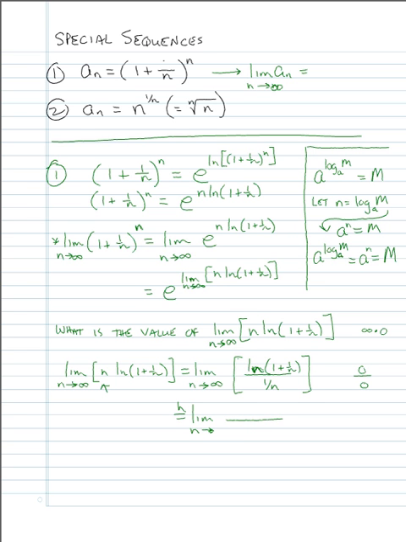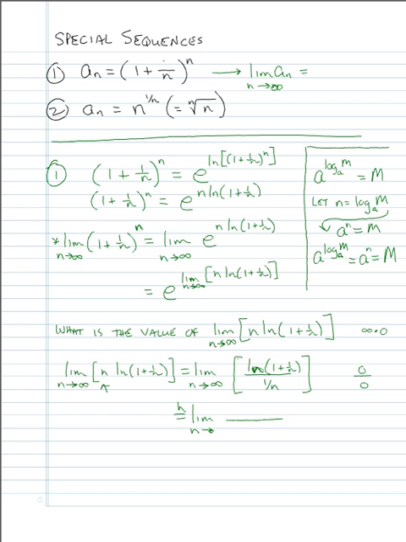Well, I hope that you will allow me to tell you what that derivative is without you going through it. How do we take the derivative of a natural log?